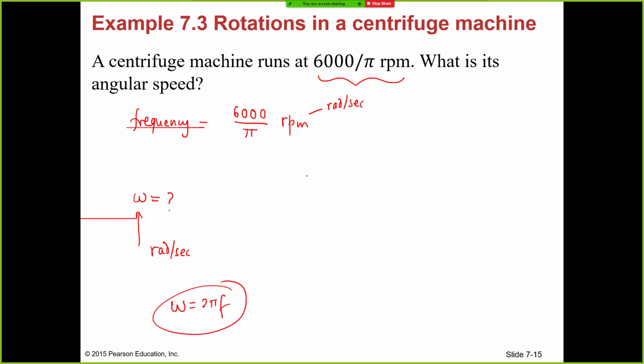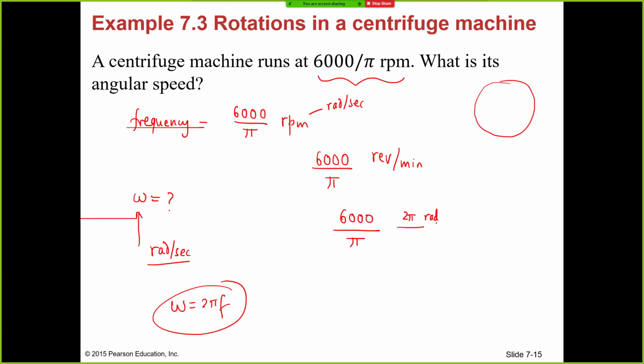Now let's do it without using the formula. So 6,000 over pi revolution per minute. We want to convert this revolution per minute to radian per second. Okay? So 6,000 over pi. In one revolution, how much angle does it cover? One complete revolution, what's the angle covered? 2 pi, yeah. So 2 pi radian. And in 1 minute, we have 60 seconds. Now you see we have radian per second, so that's what we want.